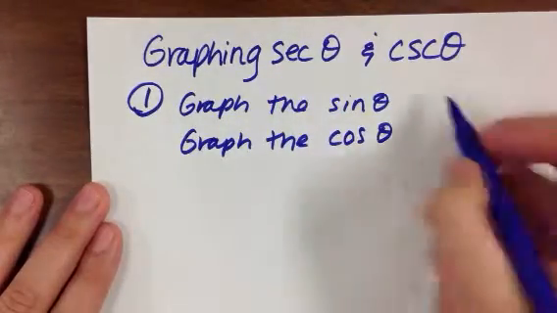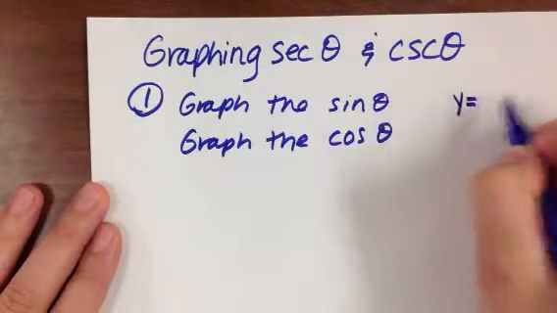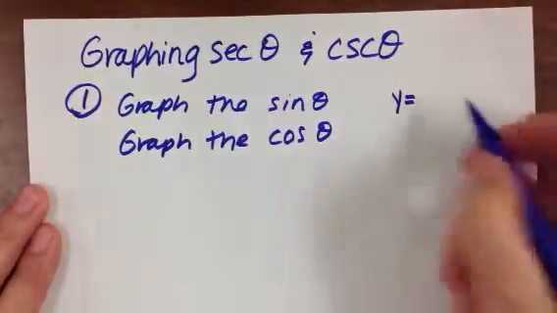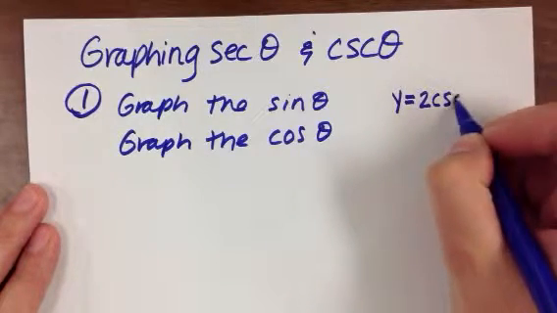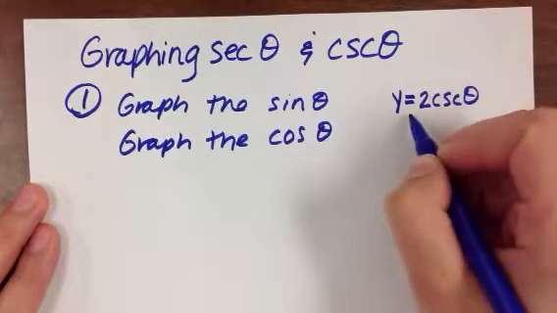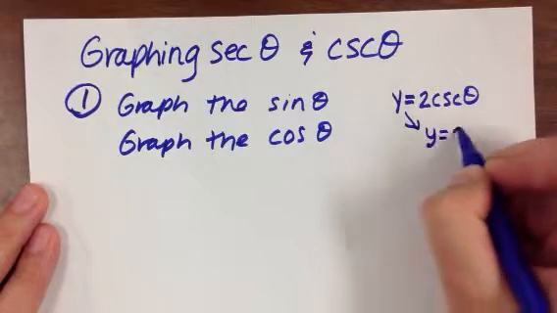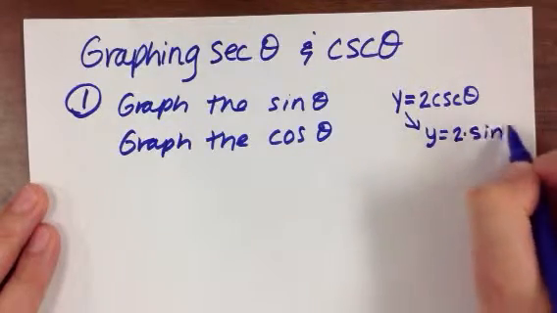So if I say graph y equals 2 cosecant of theta, then what I want you to do first is graph y equals 2 times the sine of theta.